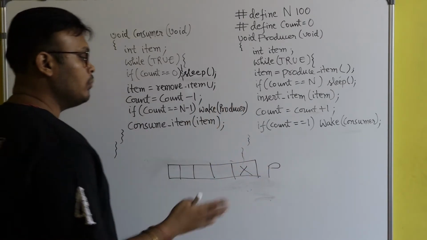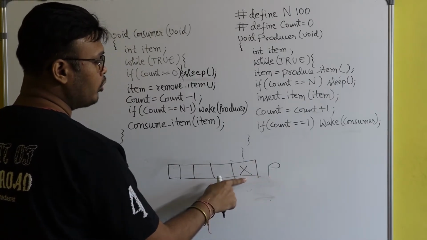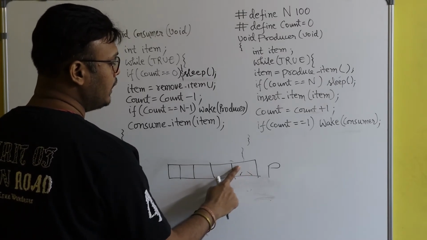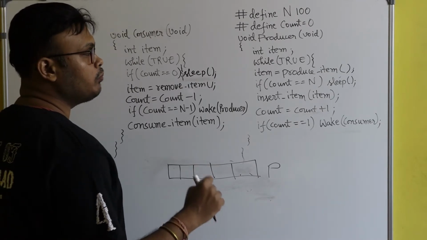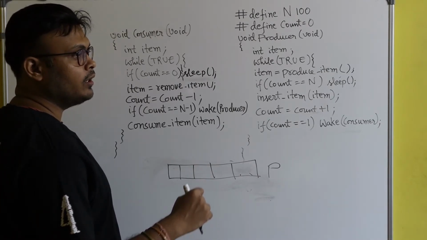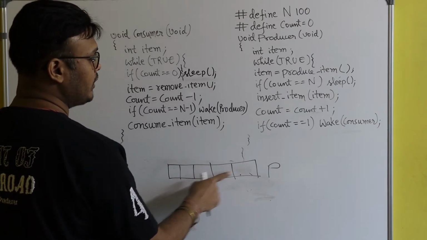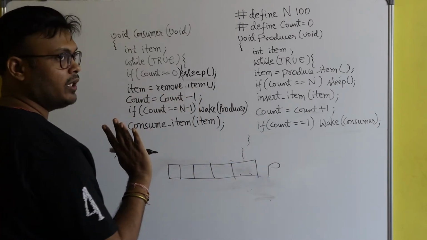Okay, because here you see when the producer produced this item, before that the buffer was completely empty. So when the buffer was completely empty, the producer was expecting the consumer to sleep. Okay, here you see the buffer is completely empty. So the producer thinks that the consumer is sleeping.